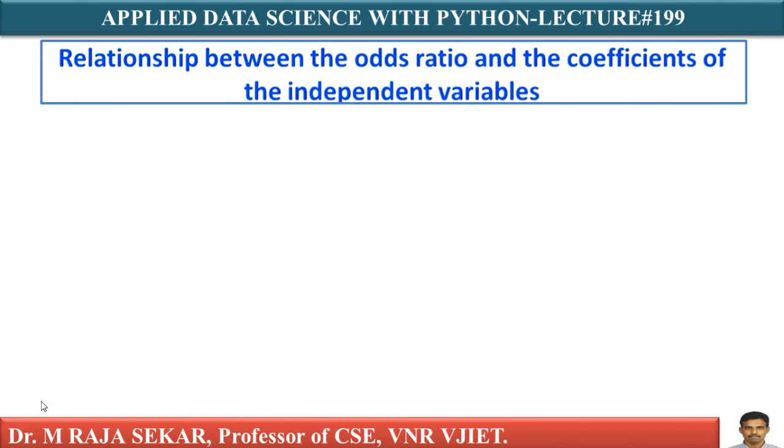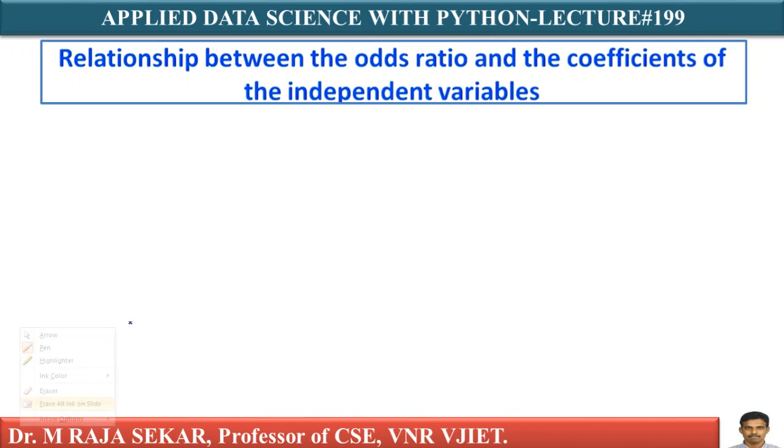In this lecture, we will try to understand the relationship between the odds ratio and the coefficients of the independent variables. In my previous lecture, lecture number 198, I already discussed the procedure to calculate the odds ratio.